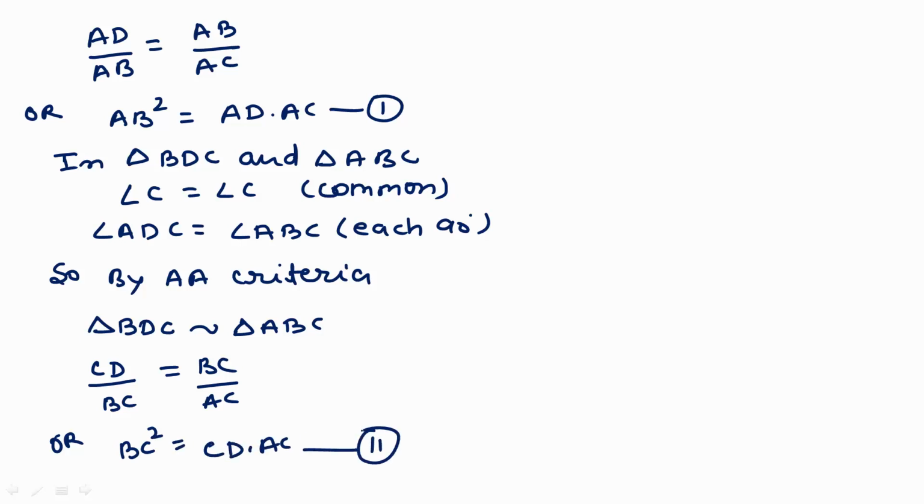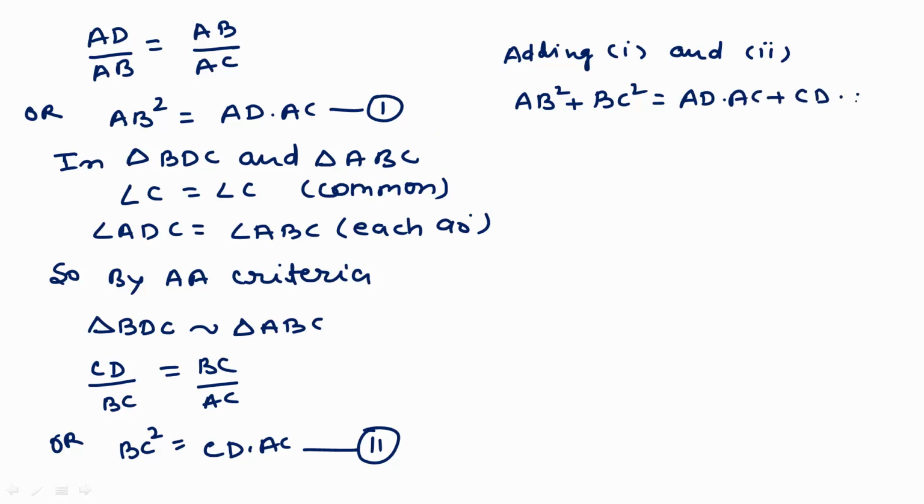This is number two. So adding first and second, AB square plus BC square is equal to, adding left to left and right to right, AD into AC plus CD into AC.